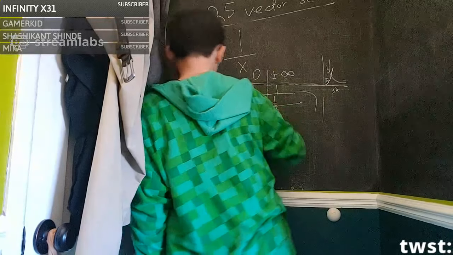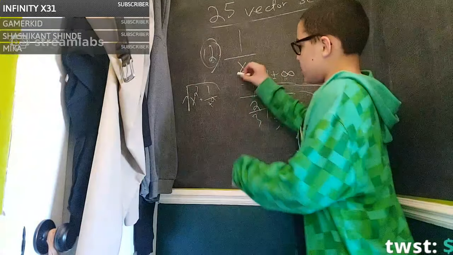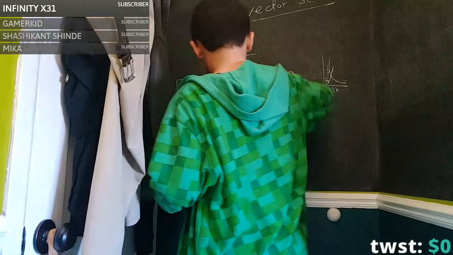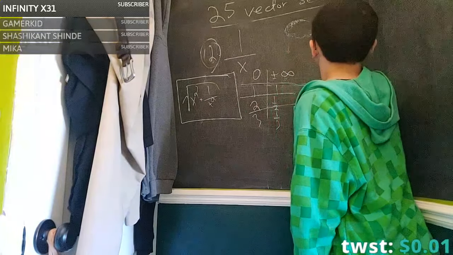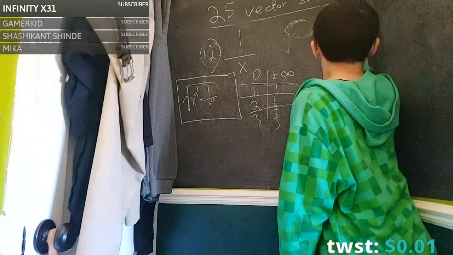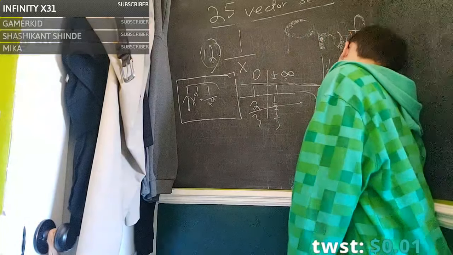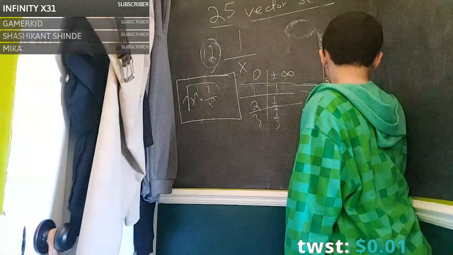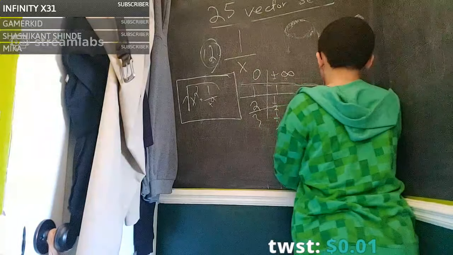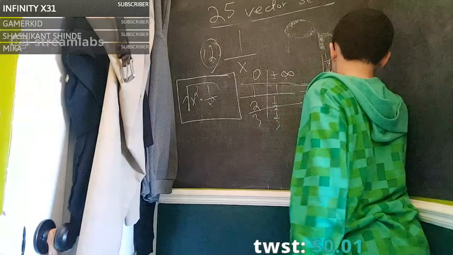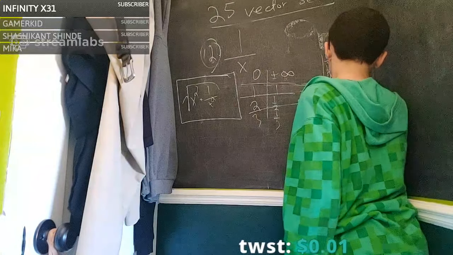This is our approximation. But if you want, I can prove it. Let's do 4, 1/4, which is actually more down here, so 1/4. Vector there. That's good, I think.